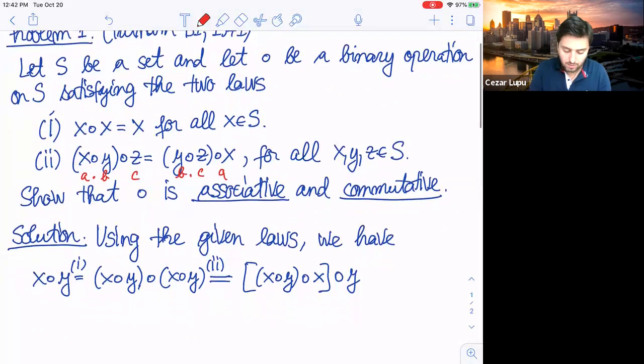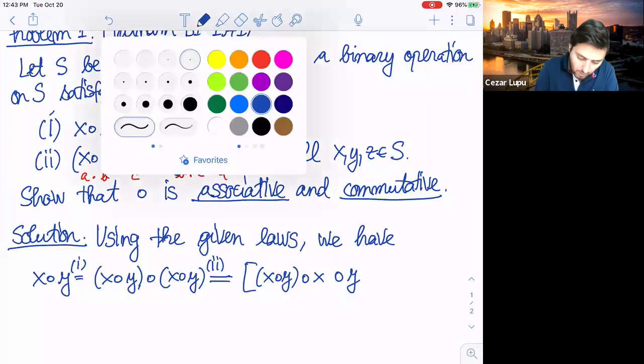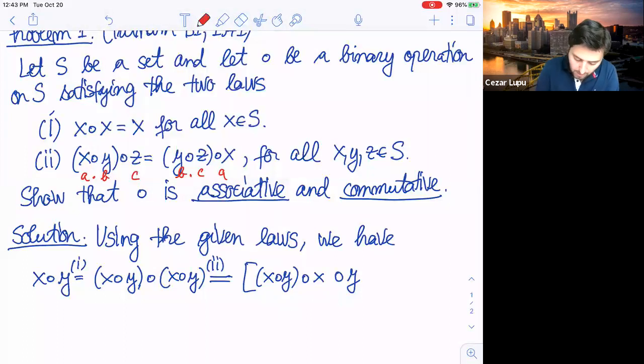If you look at this, the second one, just look at this guy. If you apply the second law, we have x, y here.